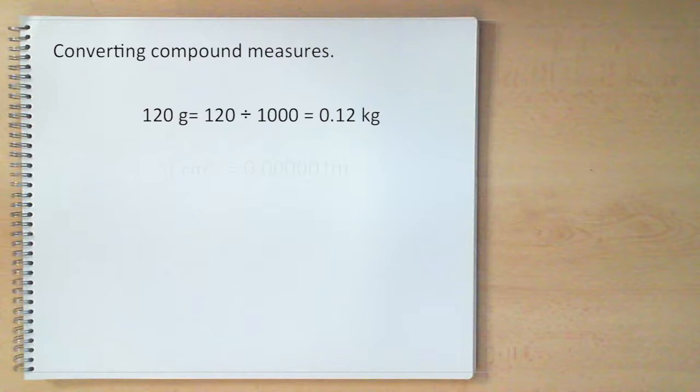A 1 metre cube has 100 centimetres on one side, 100 centimetres on the other, and 100 centimetres on the other. So a metre cubed is the same as 100 centimetres times 100 centimetres times 100 centimetres, or 100 cubed. So 1 centimetre cubed equals 0.00001 meters cubed.